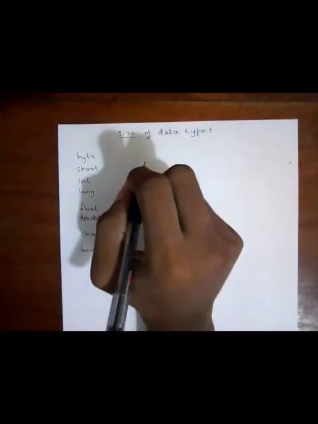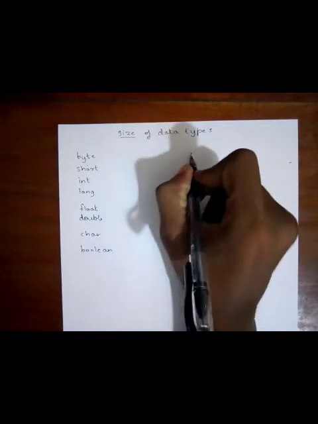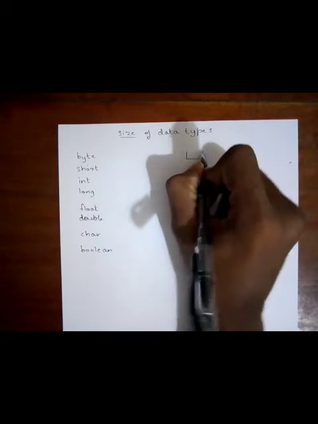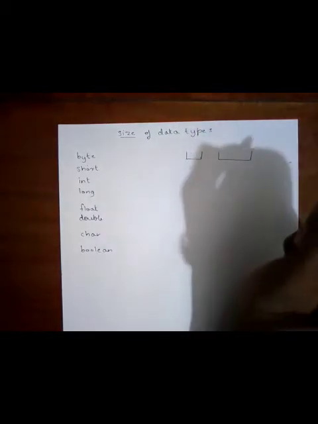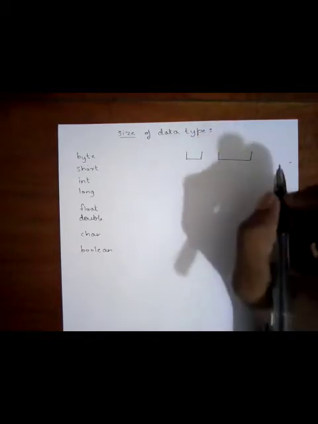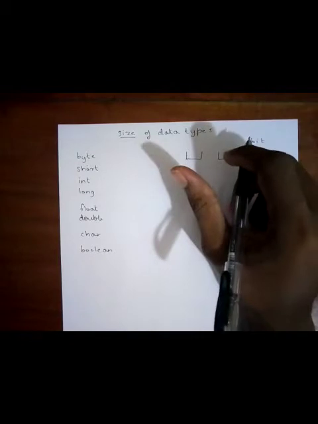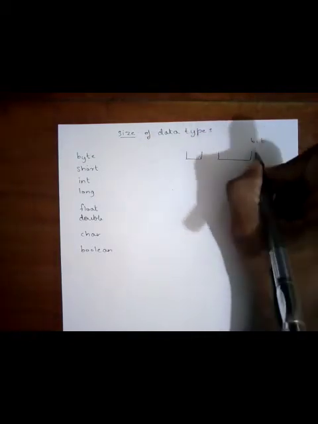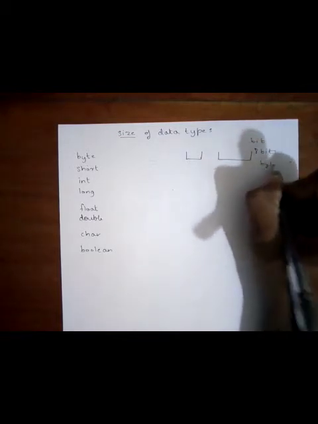So now let's try to understand the size of data types. As I told, we could see data types or memory spaces as boxes, and these boxes come in different sizes. Now what do I mean by this? As you know, a bit is the basic unit for size in computers, and 8 bits form a byte.